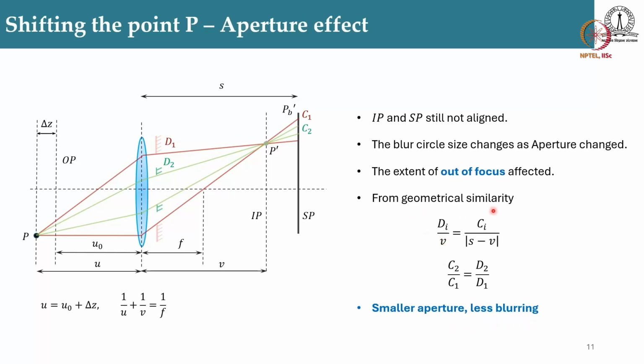Using the earlier equation that we have derived, we can correlate this blur circle diameter with the aperture diameter. We see it is directly proportional because V and S and all these other parameters are not changing here.